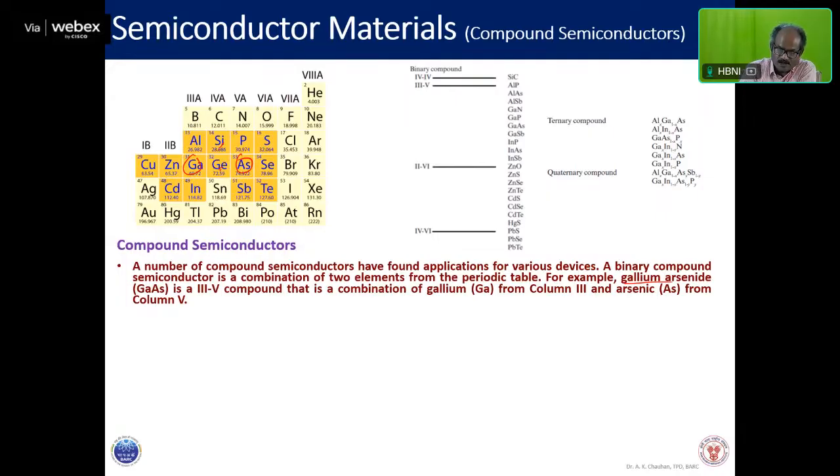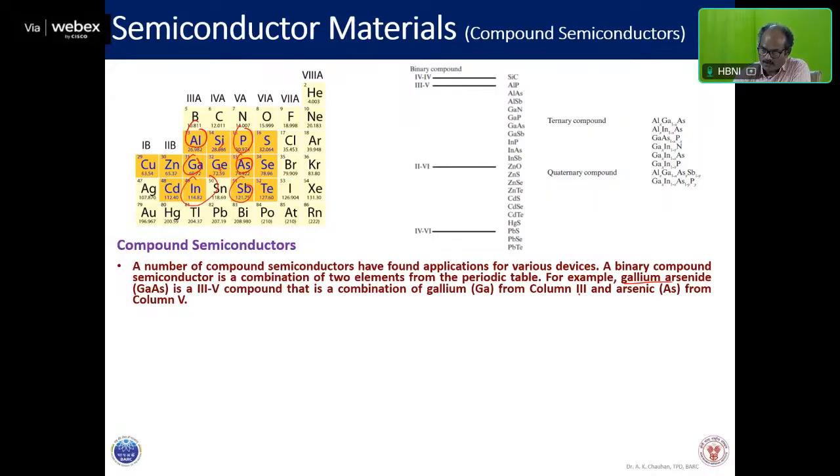You mix them: gallium arsenide, then indium antimonide, aluminum phosphide. These are binary semiconductors. Binary compound semiconductor means when you are mixing two materials, and the resultant material is behaving like a semiconductor.